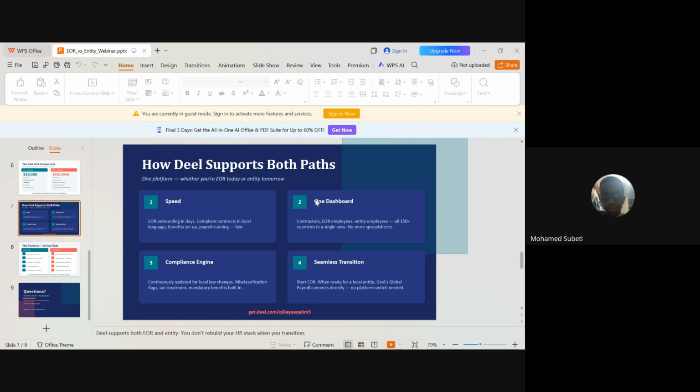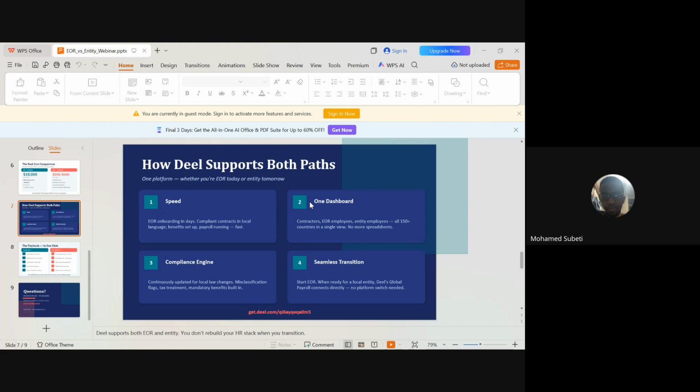If you're going entity, Deel's global payroll product connects you to your entity and handles the payroll, compliance, and HR locally. What that means in practice is you don't have to switch platforms at scale. You can start with EOR for your first hire in a new country, and when you're ready to transition into a local entity, Deel supports the transition without you having to rebuild your HR stack.